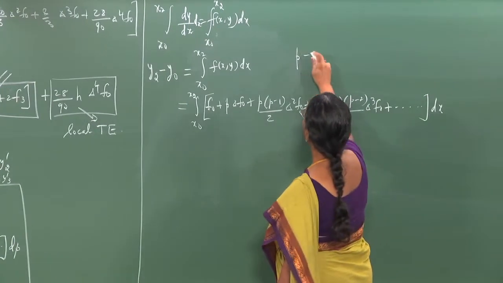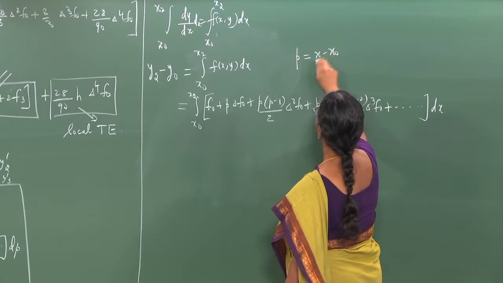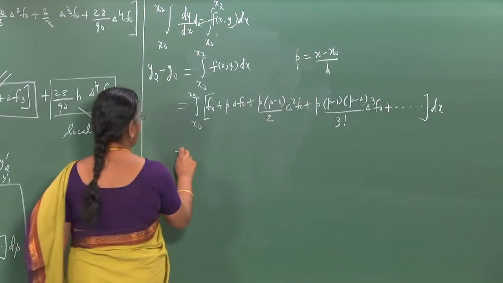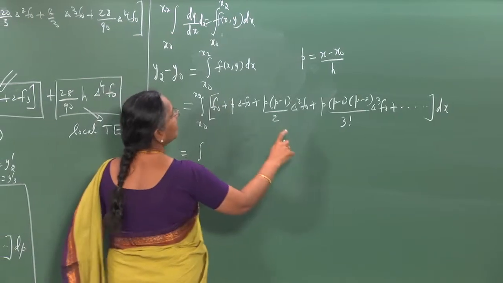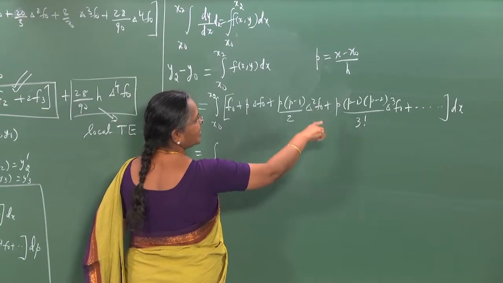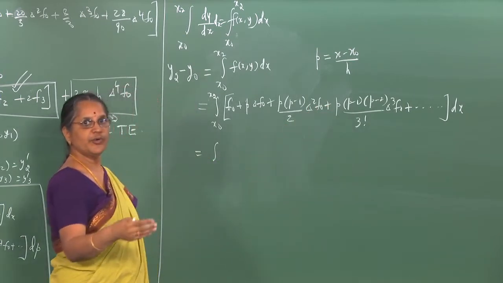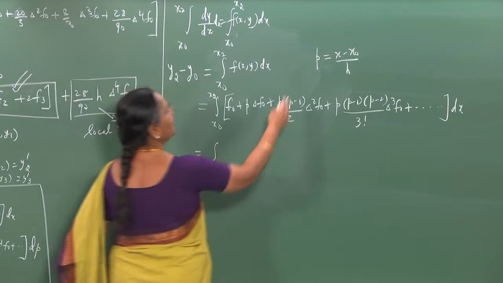Here again p is x minus x0 divided by h. So, making use of this, you can change the variable of integration from x to p.